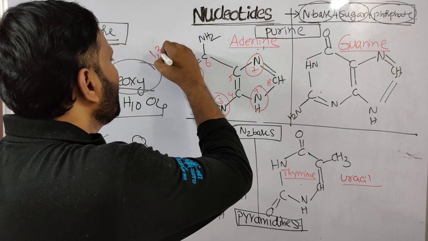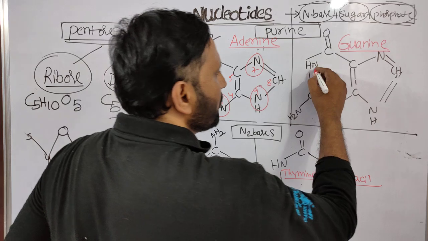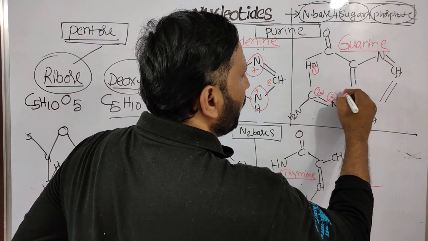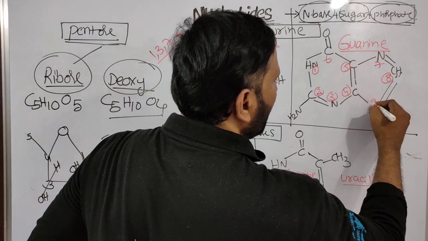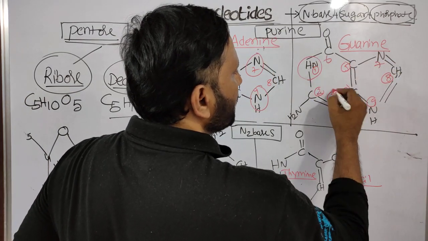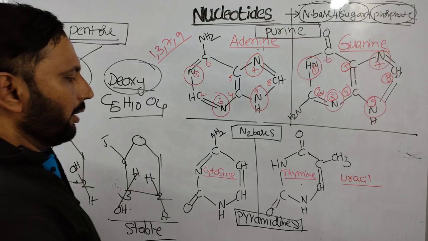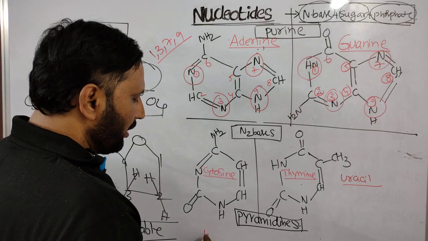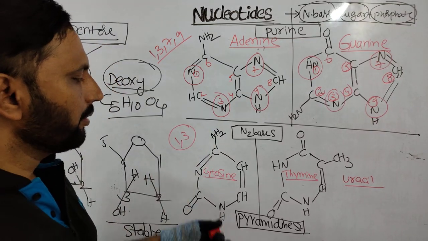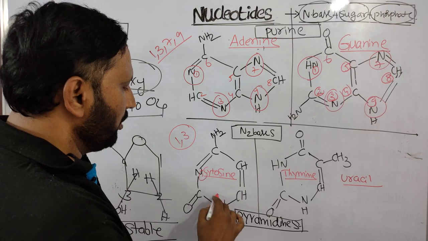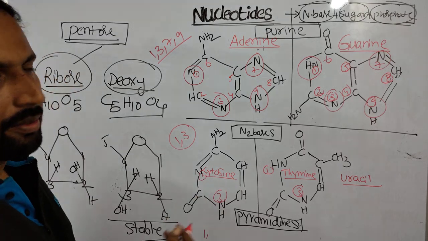In the pyrimidine, positions 1, 2, 3, 4, 5, 6 are there, and only at the first and third places nitrogen atoms are present, and the rest are carbons. That is the main difference between purines and pyrimidines.